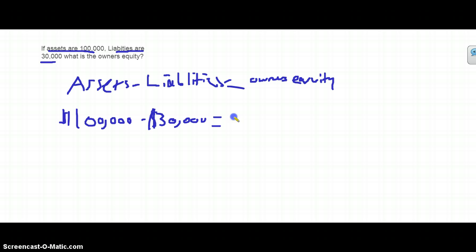So what does this equal? Well, 70,000. So owner's equity is $70,000. Okay.